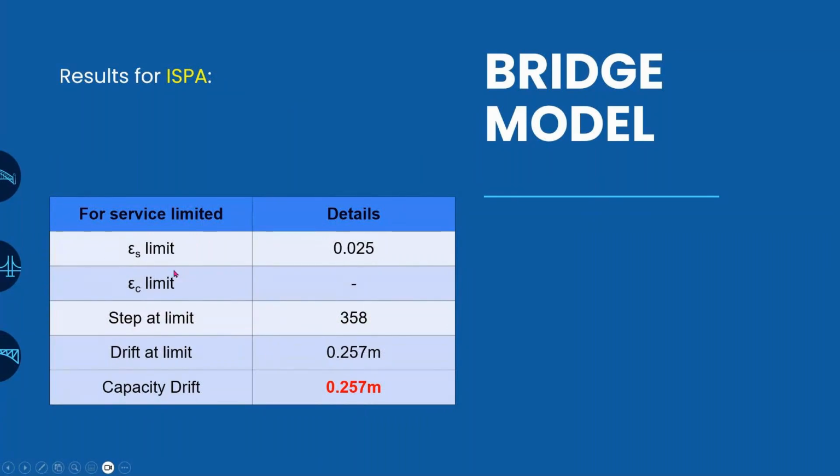So for the service limit, epsilon s shall be limited to 0.025. The step at which this limit is achieved is step number 358. The drift at that particular limit is 0.257 meter in the column, and the capacity drift is nothing but 0.257.